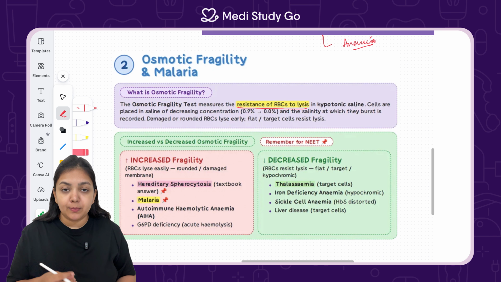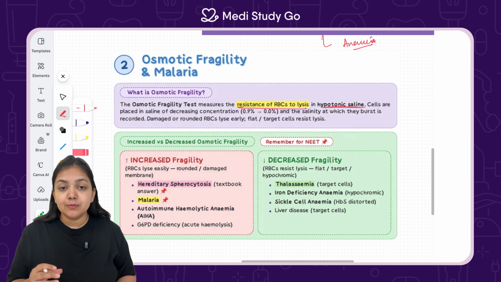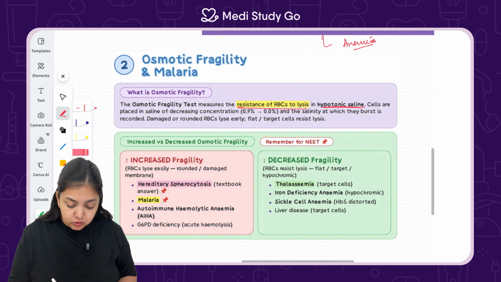The RBCs are placed in salt water or hypotonic saline, and the time is recorded at which RBCs burst. If an RBC is bursting very early, it means the osmotic fragility has increased. And that is only when the RBC is diseased or infected, which is the case with malaria. So the damaged or rounded RBCs lyse early, for example, in case of malaria.